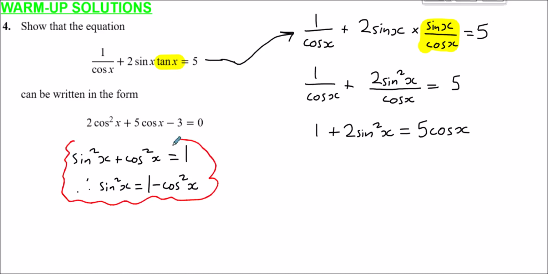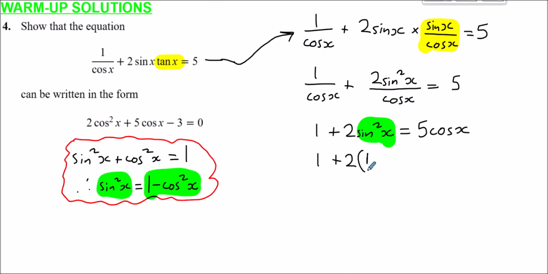So this little snippet is well worth remembering in terms of replacing what sine squared x is. Sine squared x is, of course, 1 minus cos squared x. So in our next step, we can make this substitution. But sine squared is 1 minus cos squared x.